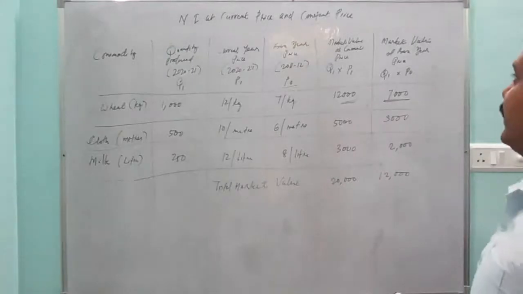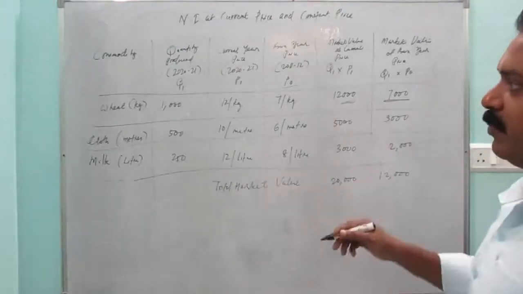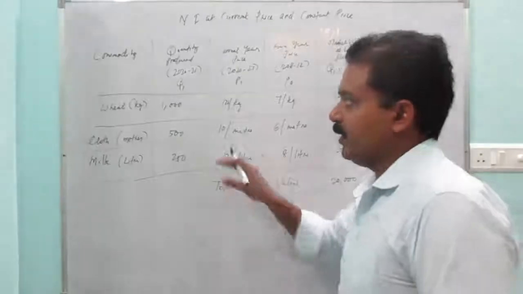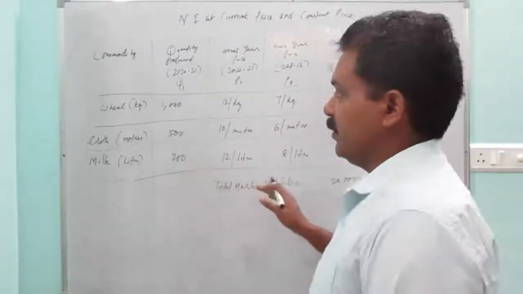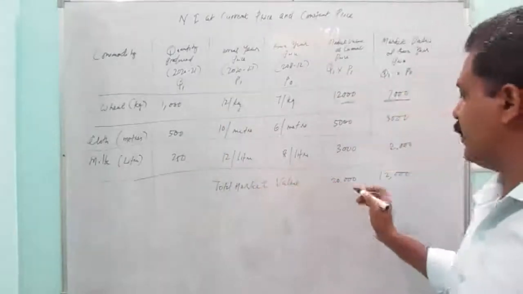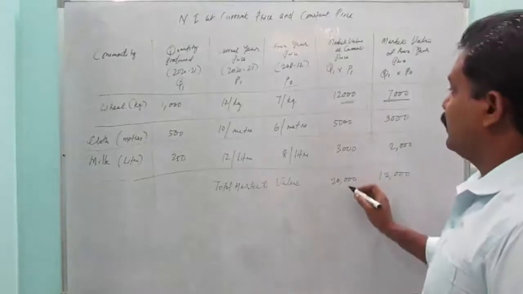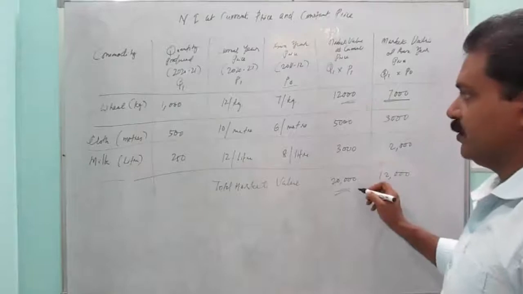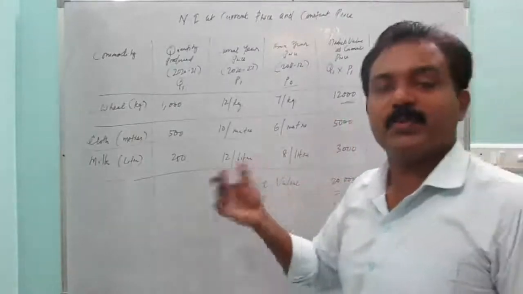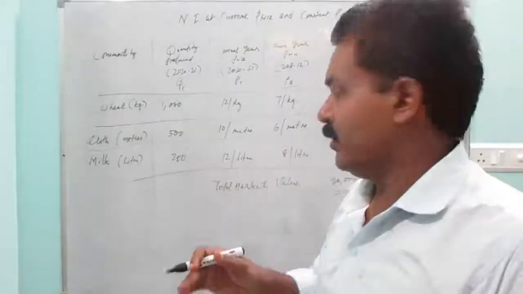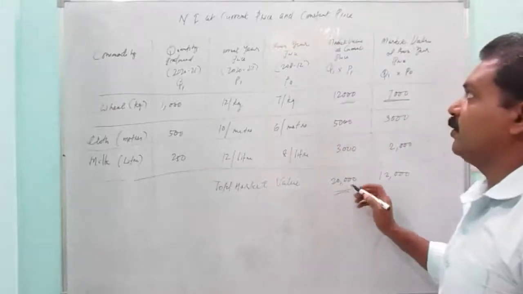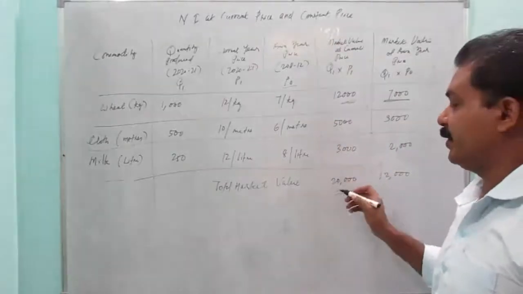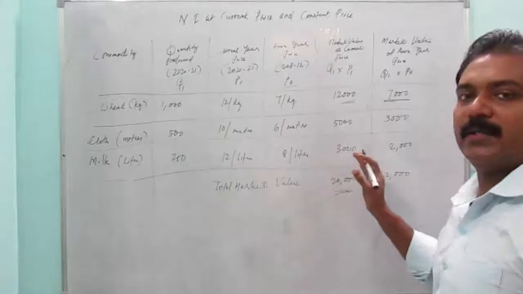So if you take the total market value, imagine that only these three goods are produced. The total market value as per current price will come as 20,000, the sum total of all these. More goods will be there, but we assume that only three are produced. In that case, 20,000 will be the national income at current price. This is only the production.